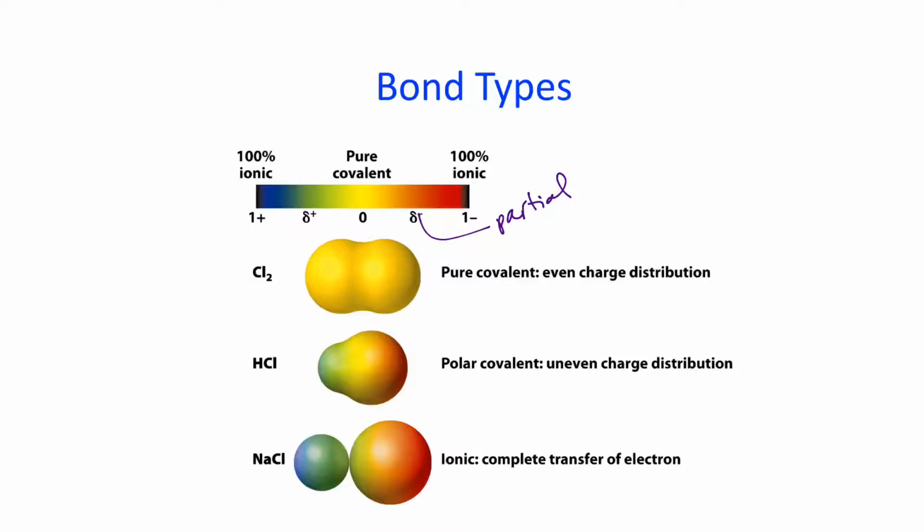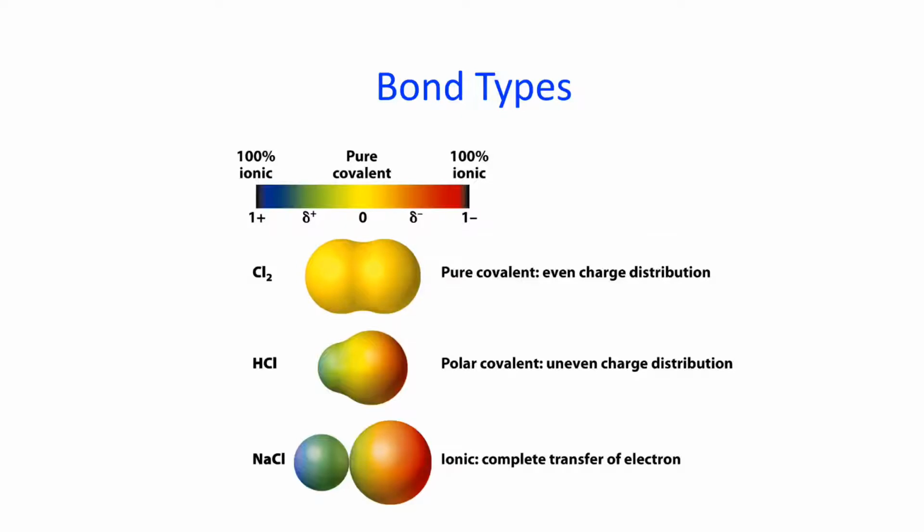So we would indicate that by saying we have a partial positive on the hydrogen and a partial negative on the chlorine. You'll be able to designate which one should hold the partial positive and which one should hold the partial negative based on the relative electronegativities, which we'll talk about next. Whichever one has the larger electronegativity is going to get that partial negative charge.